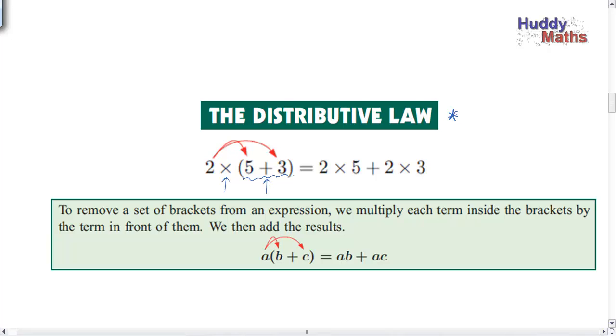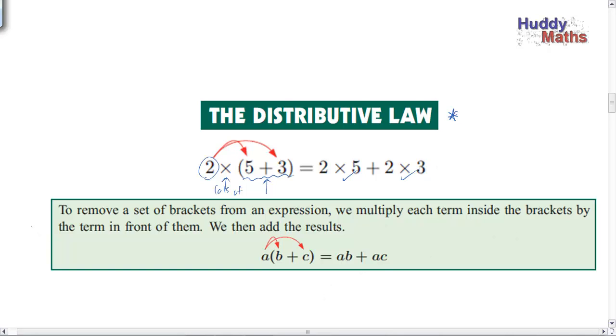So it's a little notation that means you've got 2 lots of 5 plus 3. So you'll have 2 lots of 5 plus 2 lots of 3. That's our little bit of language there, if you like, or notation. So that's our first law or notation to describe what we're going to do with this problem.